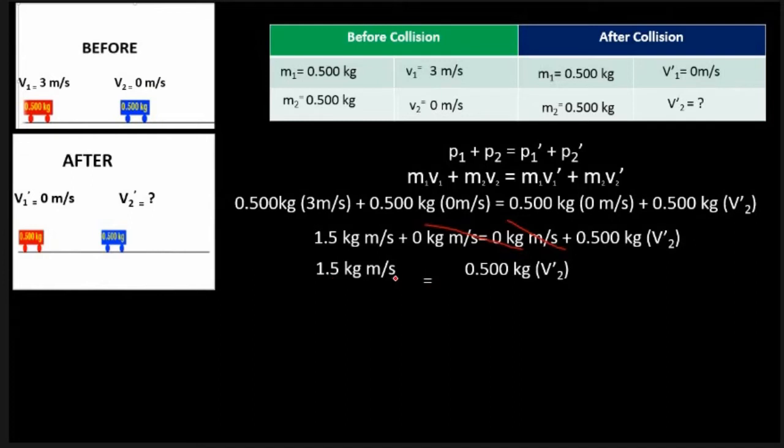So we have 1.5 kilogram meter per second equal to 0.500 kilogram multiplied by the velocity of the blue card after the collision. Simplify and get rid of this number so that we can find the value of v2 prime. So divide both sides by 0.500 kilogram, then cancel.